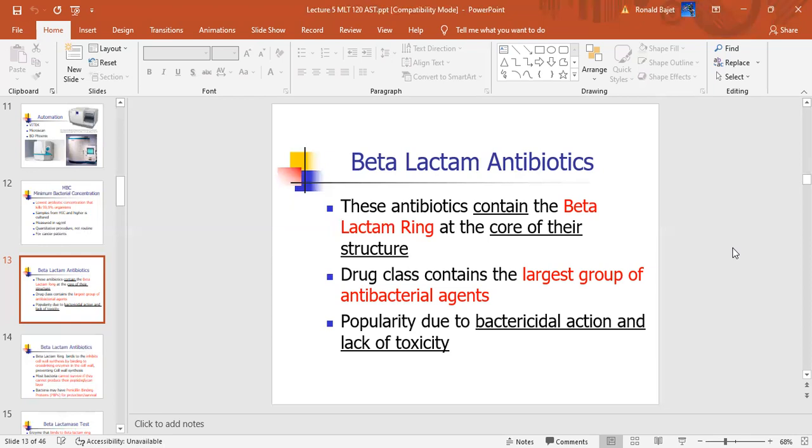In the microbiology laboratory, sometimes the doctor will ask, is it beta-lactamase positive or beta-lactamase negative? He wants to know if it's okay to give a penicillin type medication to the patient. If the organism is identified as beta-lactamase positive, then the penicillin's not going to work. You see that?